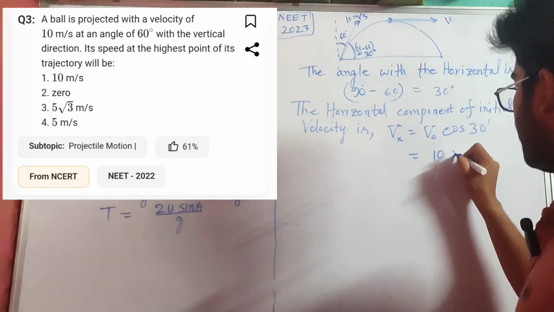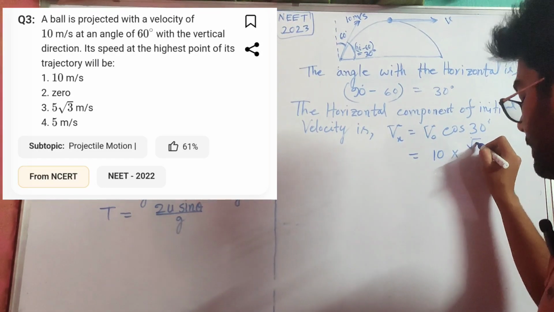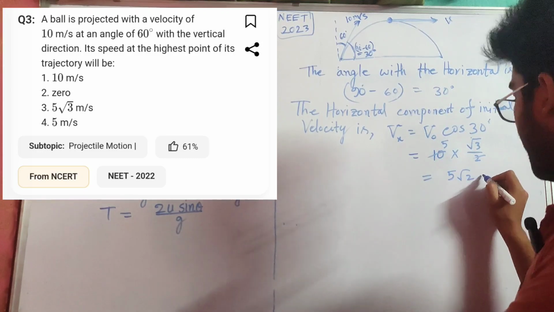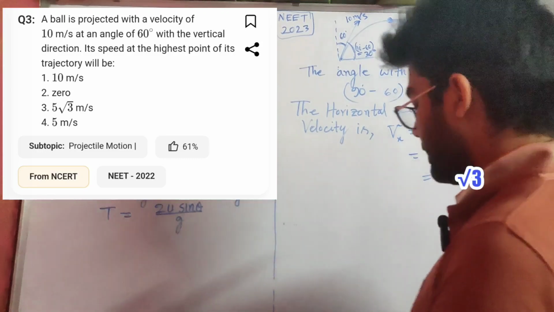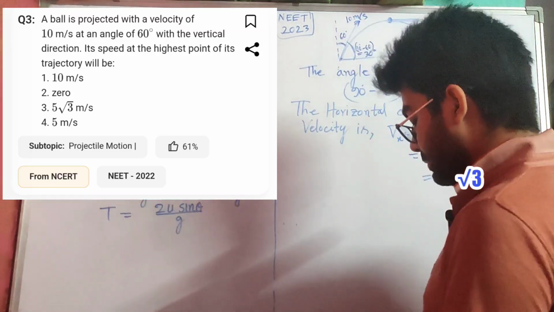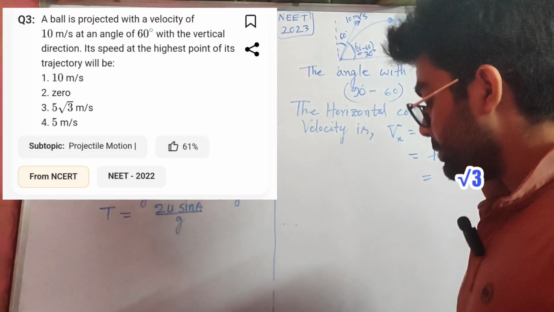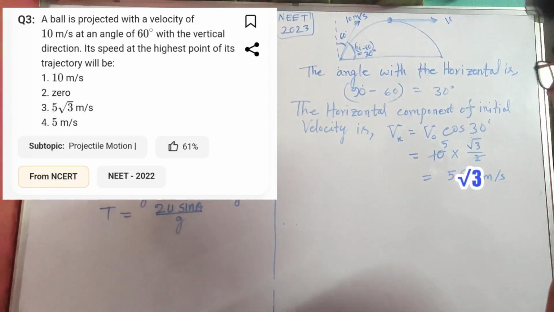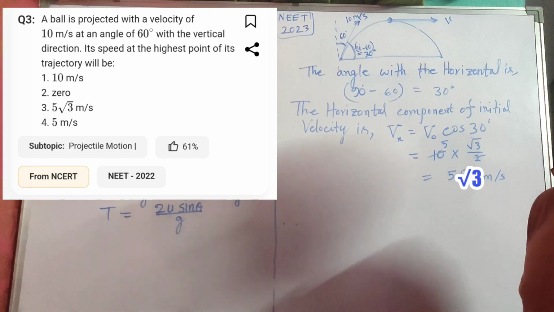V0 is 10, cos 30 degree is root 3 by 2, that means 5 root 3 meter per second. That is the answer of this problem. Option number 3 is the right answer.